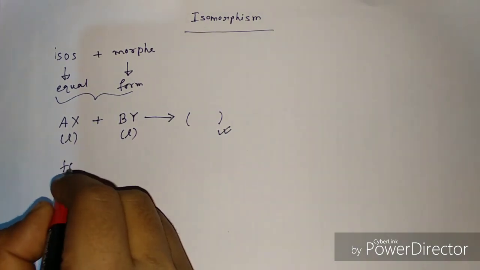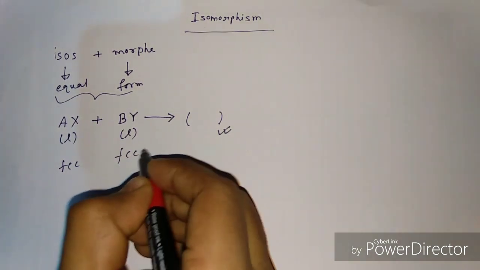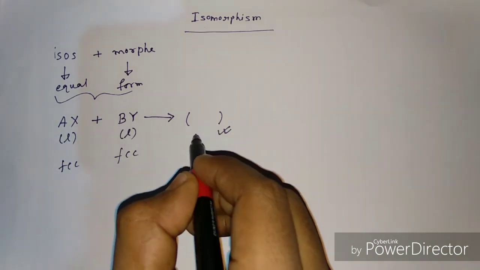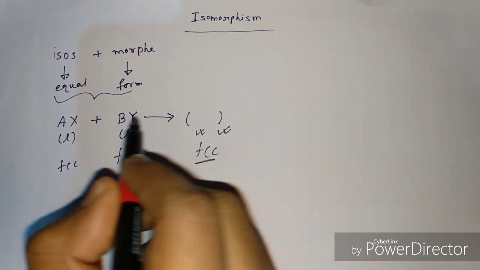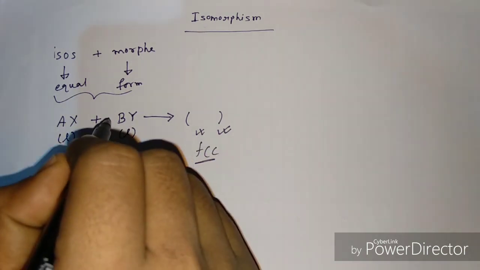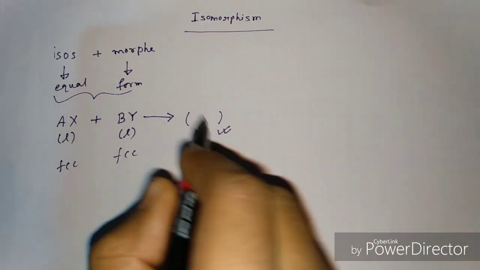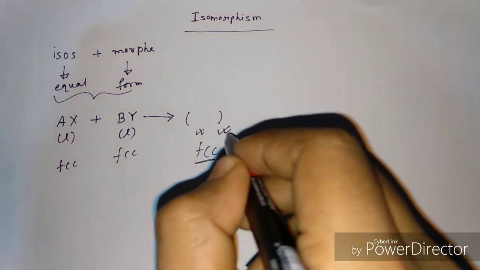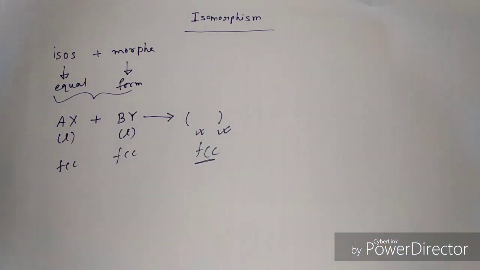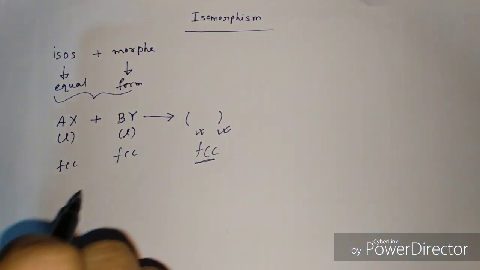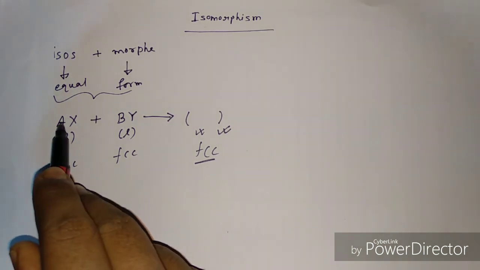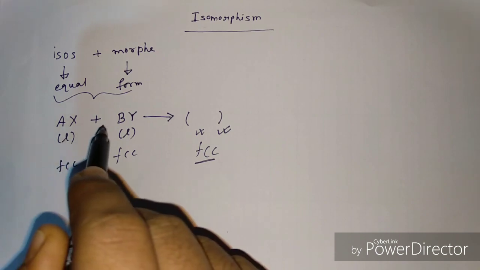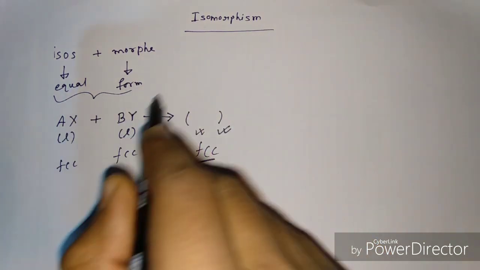Suppose this forms FCC and this also forms FCC. These two will form an FCC crystal in which both are present. This is how an isomorphous crystal forms. One important point is that they may co-precipitate, that means AX and BY may precipitate simultaneously.